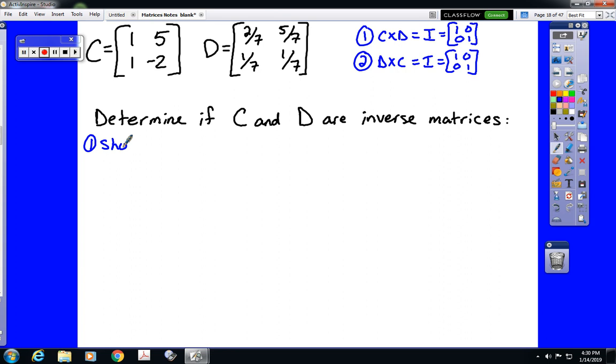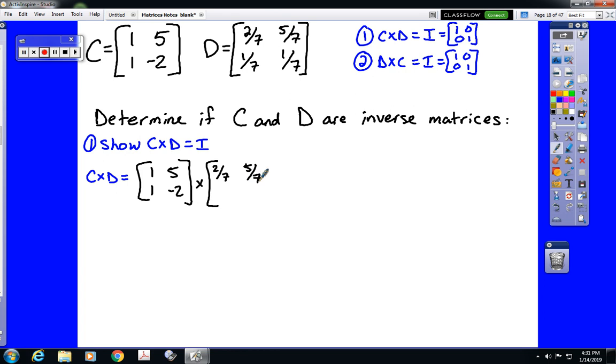We're going to show C times D is equal to I. So we have C times D. C is 1, 5, 1, negative 2. Multiplying that times D, which is 2 sevenths, 5 sevenths, 1 seventh, 1 seventh.